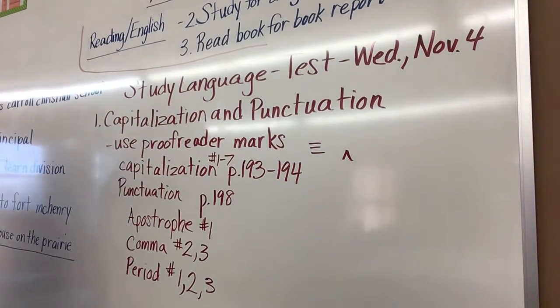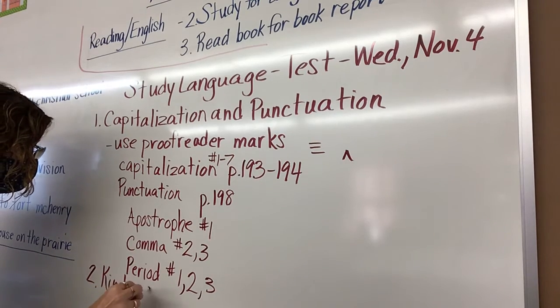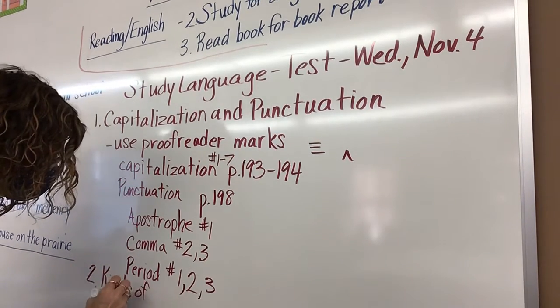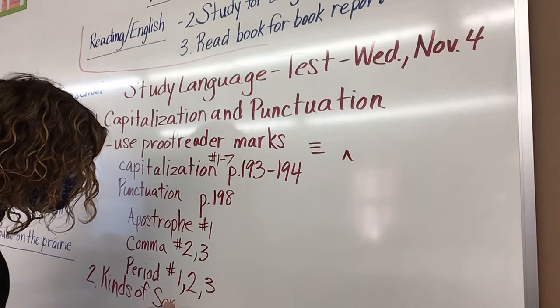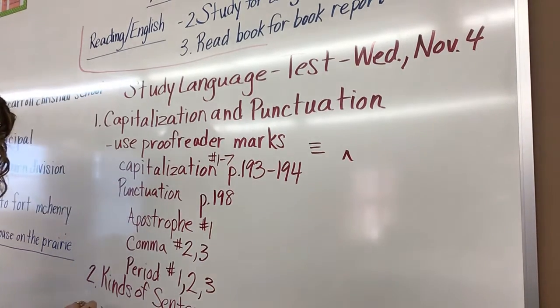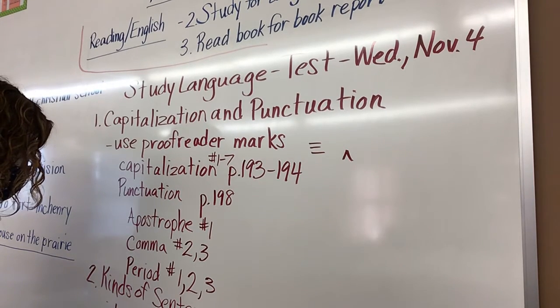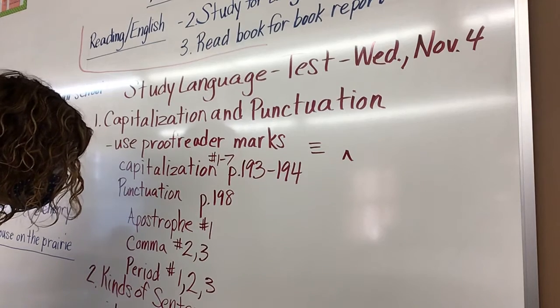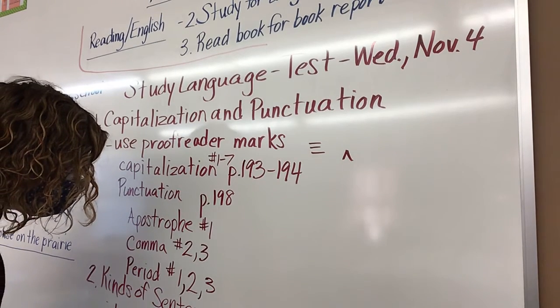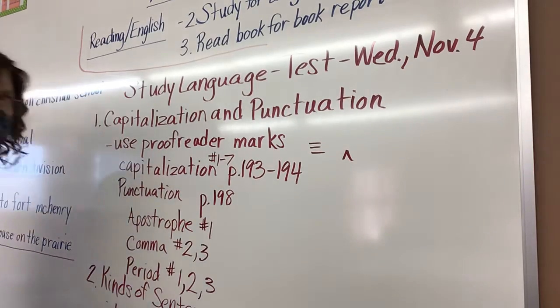All right, the next thing you need to know is kinds of sentences. So number 2, kinds of sentences. You need to identify and punctuate. So you will be reading a sentence, and then you have to tell me what kind of sentence it is and punctuate it correctly.